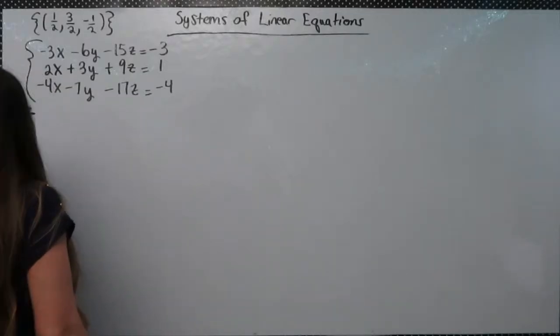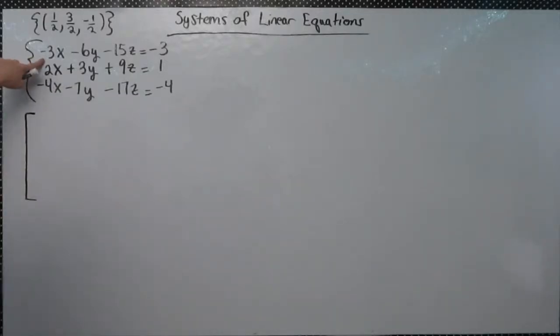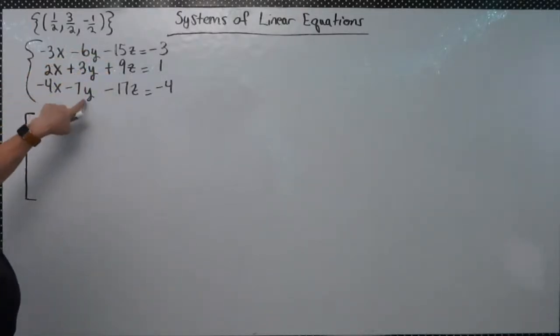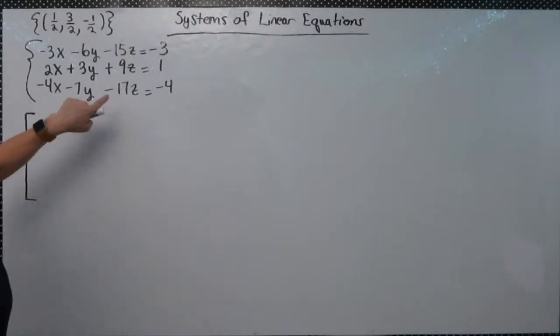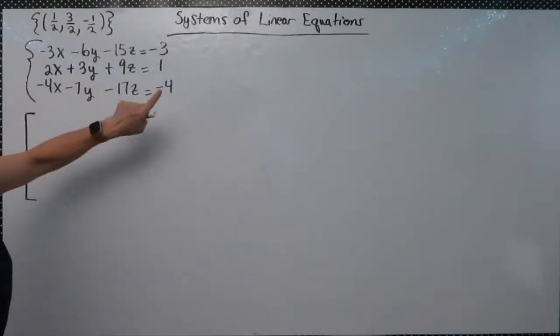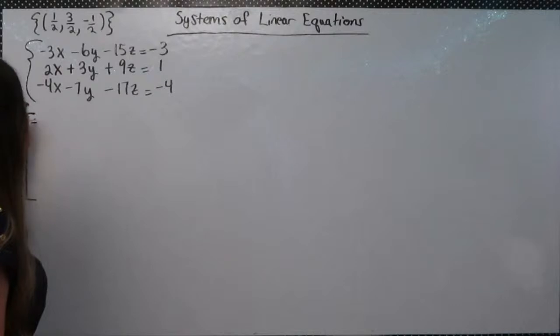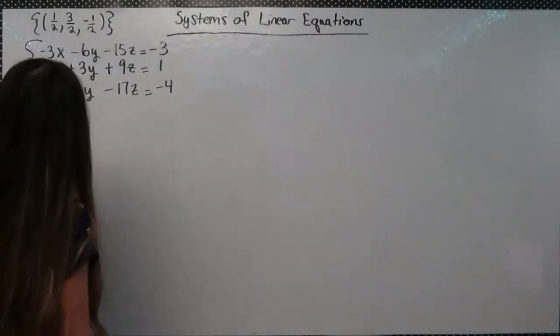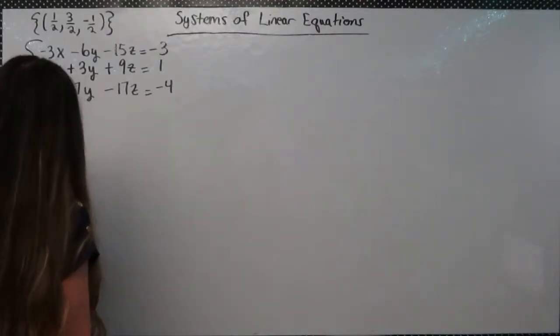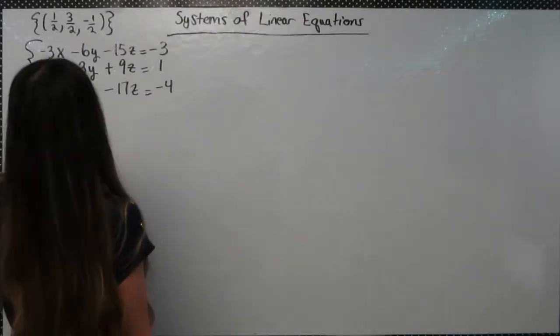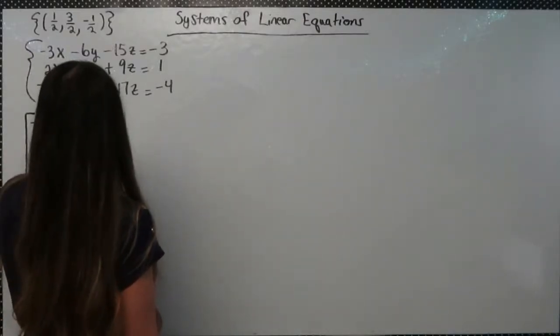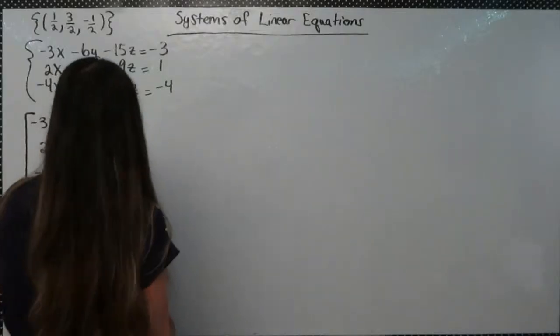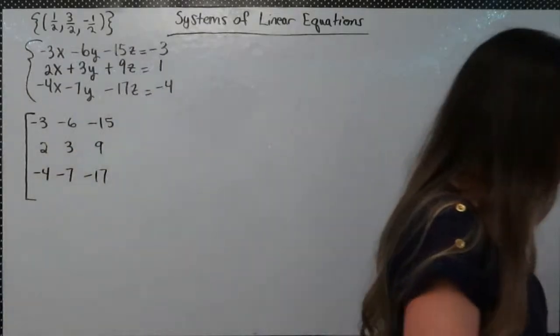Recall, I am just taking the coefficients of this matrix: 3, 2, -4, -6, 3, -7, -15, 9, -17. And I think I need my constants in here.